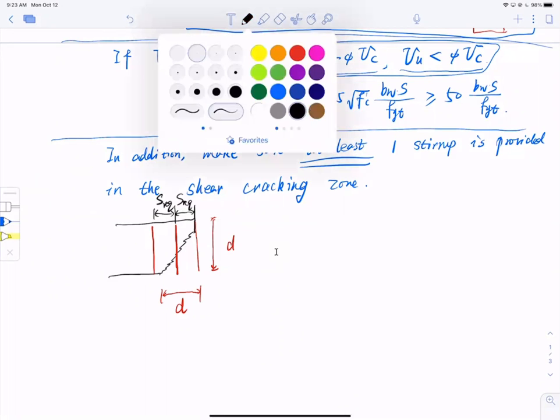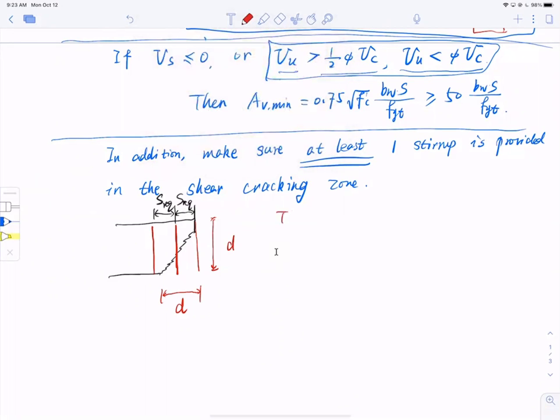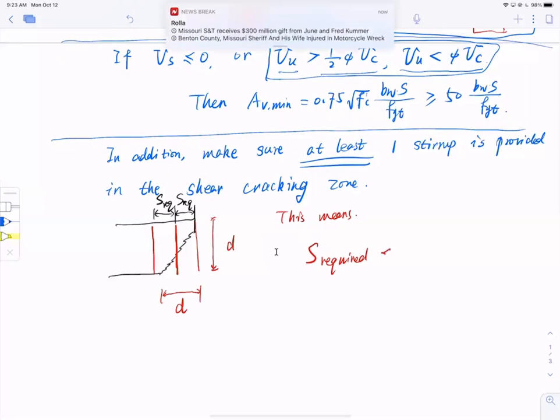So this means my required spacing after calculation has to be less than d divided by 2.